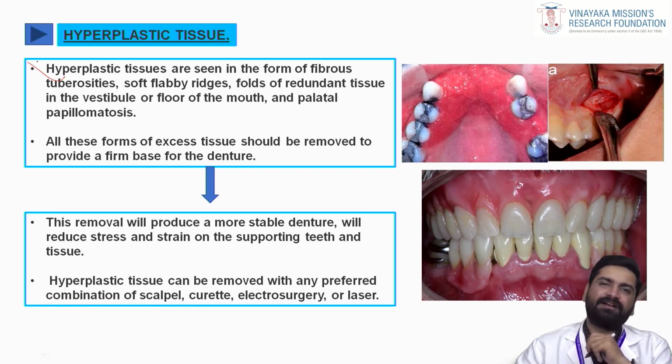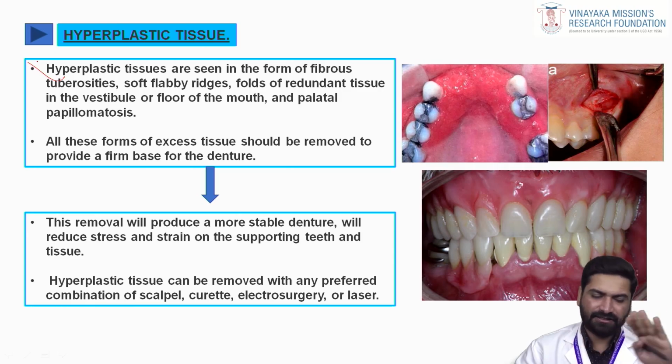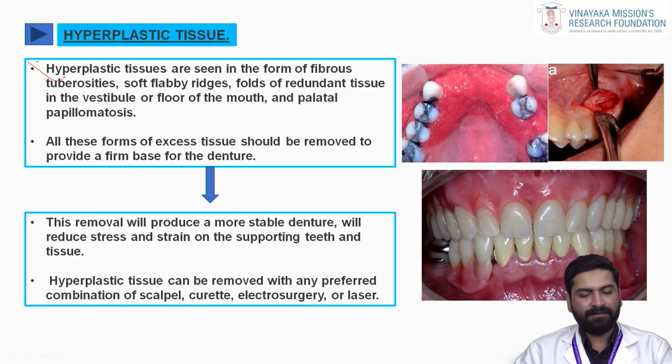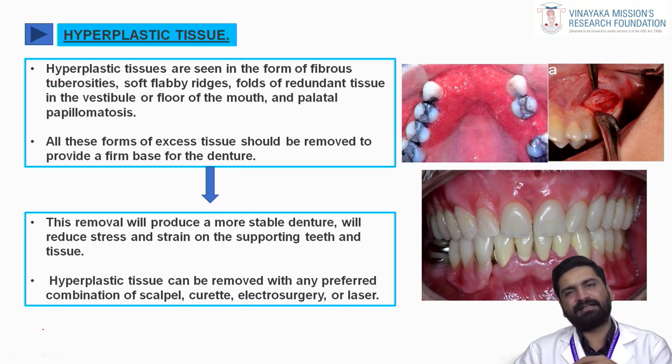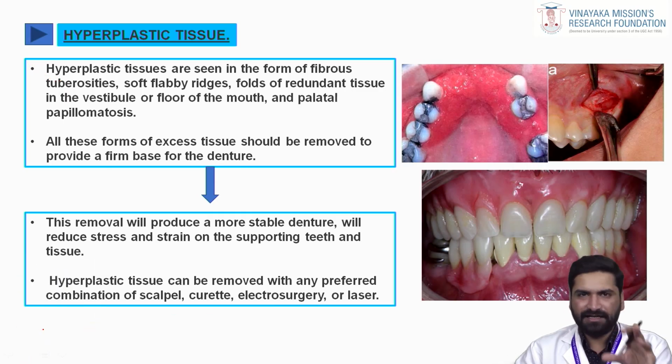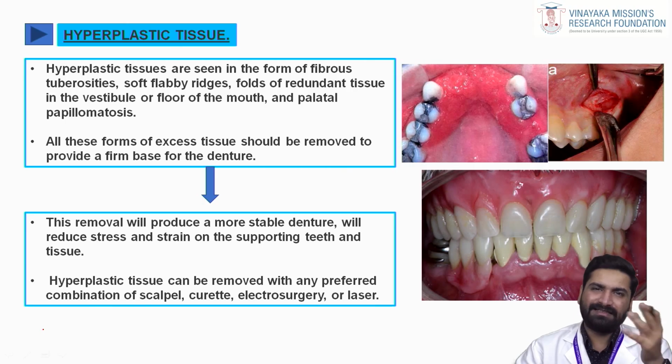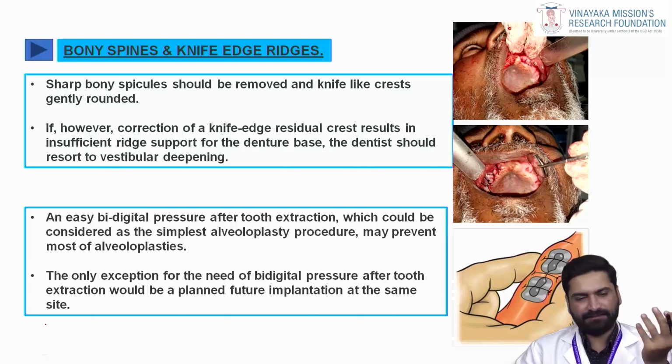Surgical excision should be done precisely so that you get an even layer and a structure of tissue over there. Moreover, it can also be removed by scalpel, curette, electrosurgery or laser. You can use any mode, that is again based on the severity of that lesion. So the mode also will be decided by how much and what you want to excise.